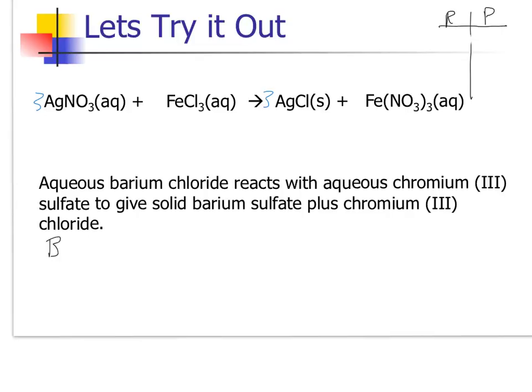That's BaCl. It's aqueous, which means it gets an AQ, but there's something special about this: barium is a +2 charge, and chloride has a negative charge. Do those charges match up? No, they don't. Therefore, you need to do your crisscross method.